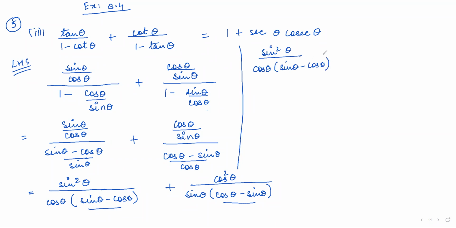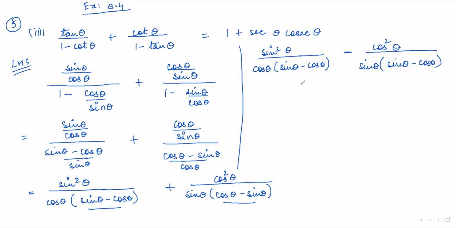Now I take the minus sign common, so this plus minus will actually become minus. Cos square theta divided by sine theta into, now the minus term will become plus and the plus term will become minus. Is that okay with everyone?